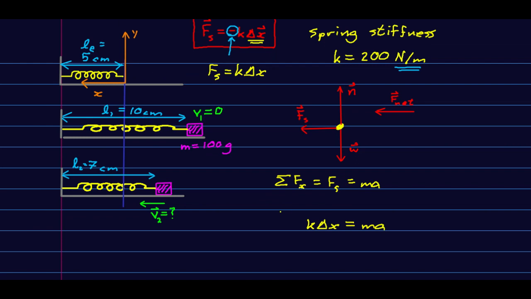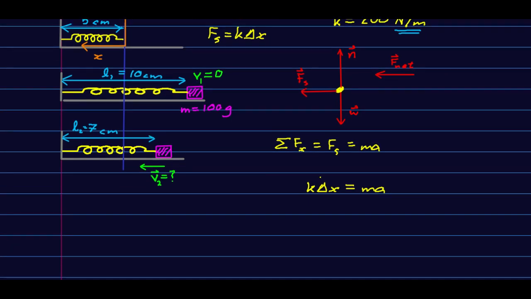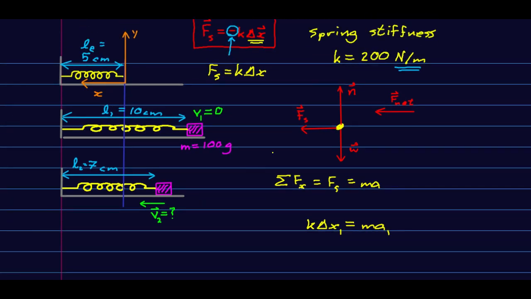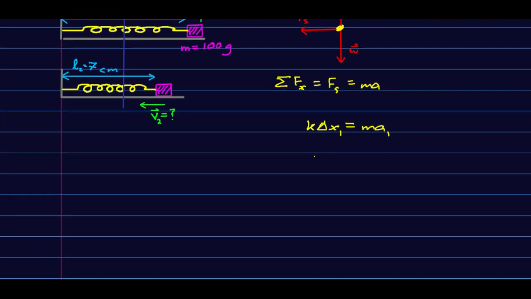So at time 1, I can use delta x1, which is just 5 centimeters. The spring has been stretched by 5 centimeters. And so I can solve for the acceleration at time 1. It's just k times delta x1 over m.